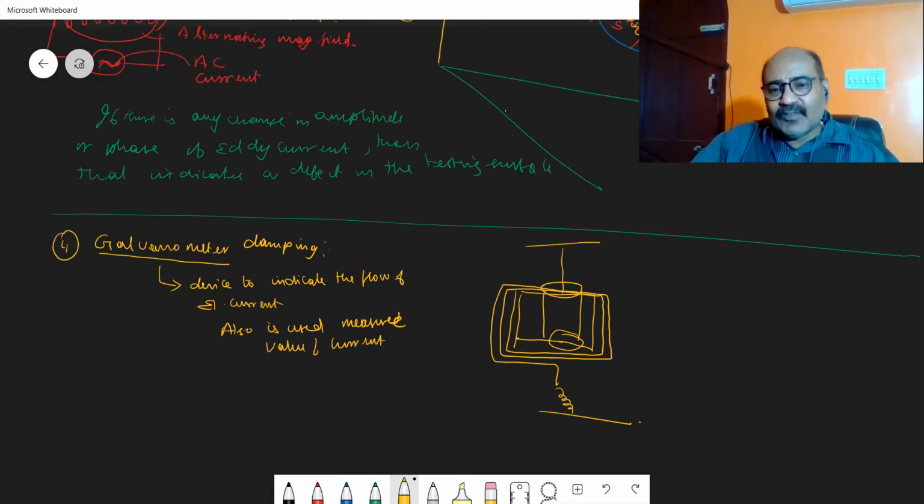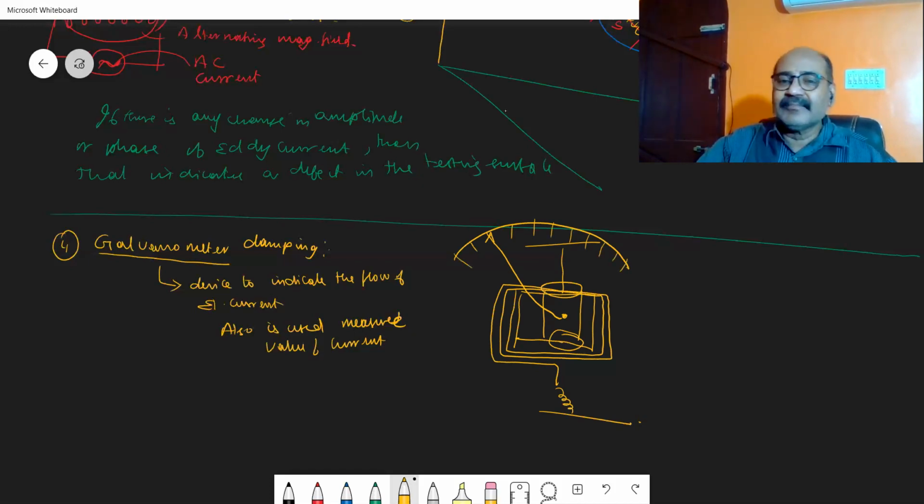At the center of this coil, you have an axis over which a pointer is connected, and this pointer moves over the scale where the value of the current can be marked or calibrated.